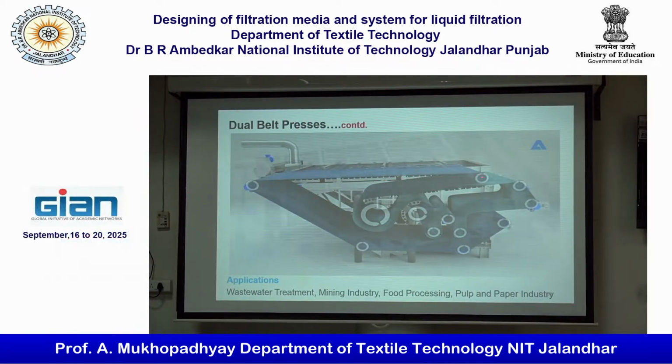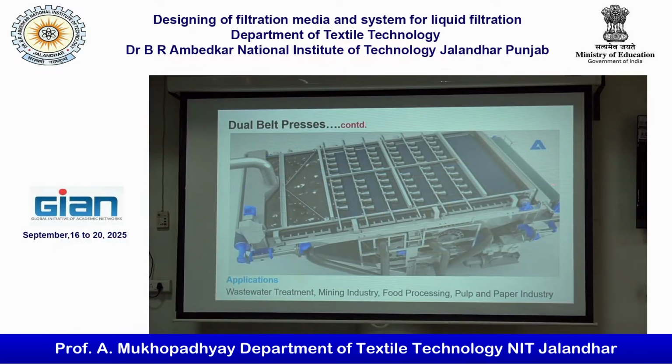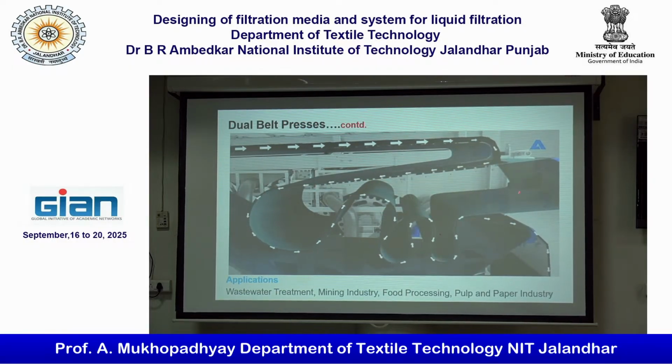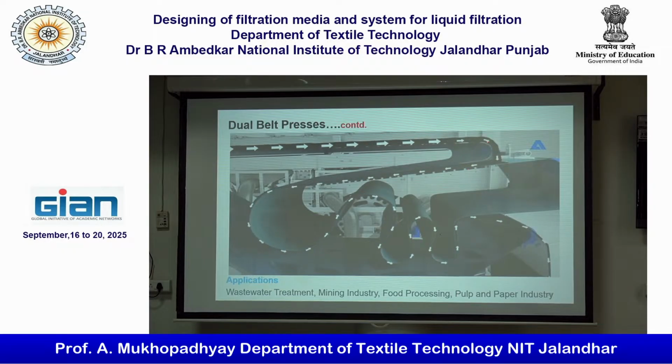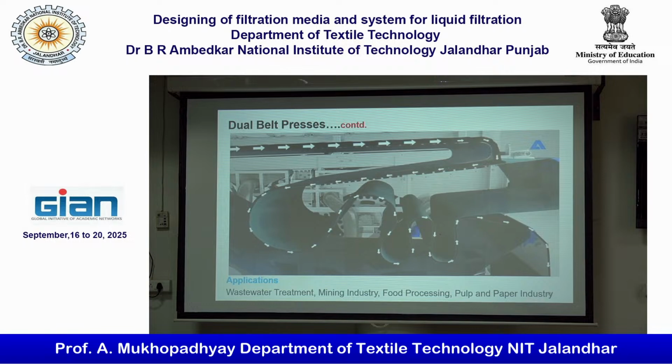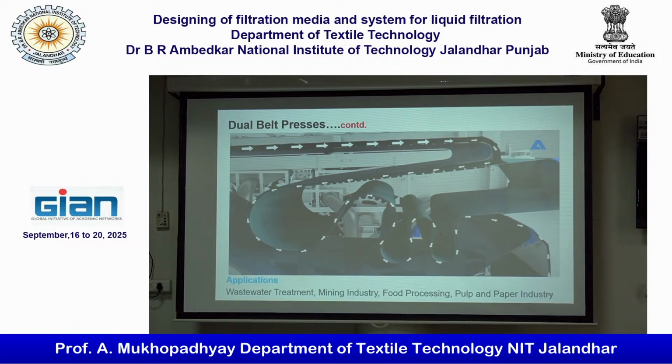Basically you have this belt and another belt. This is the sludge you are moving, and it is trapped in between the two belts, which are made out of textile material. There is a belt at the bottom and also at the top, and by means of the belts you are squeezing the material because the belts are porous.